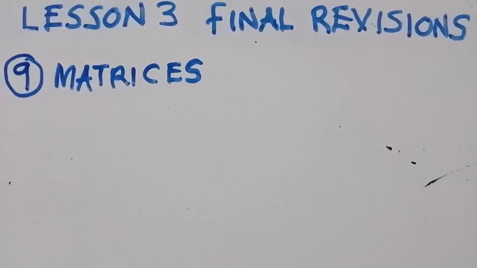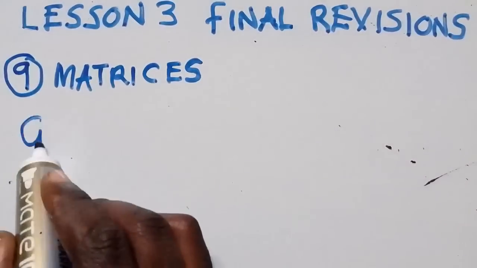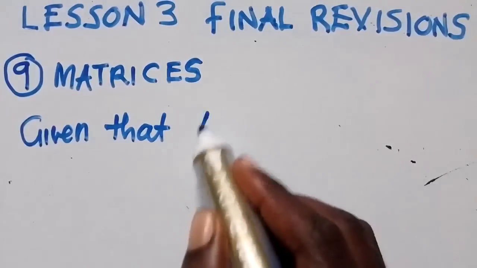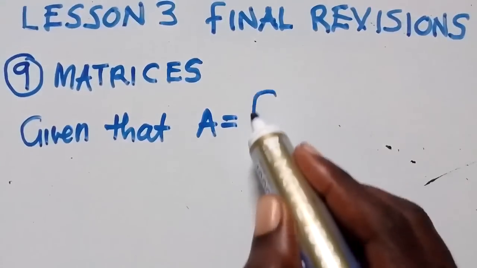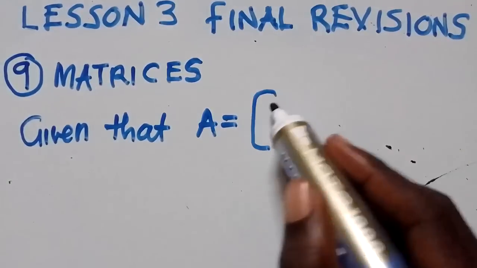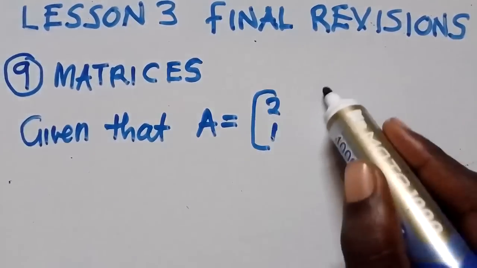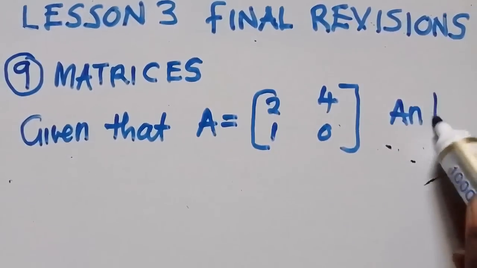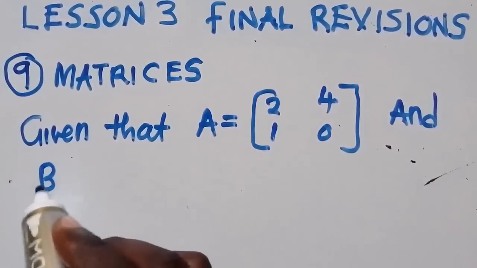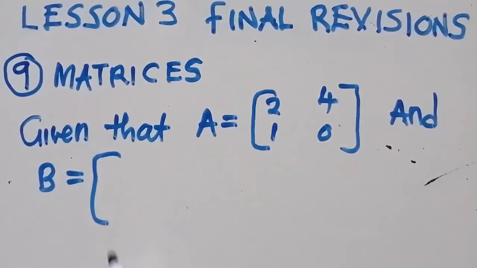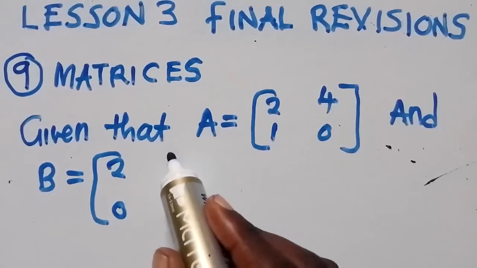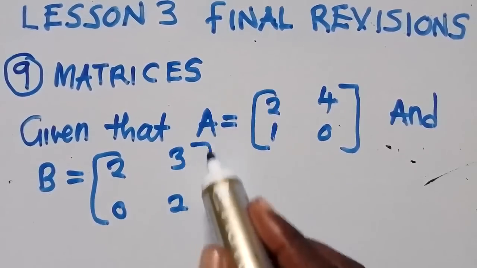The question is saying, given that A is equal to this matrix, 2, 1, 4, 0, and B is equal to 2, 0, then 3, then a 2 there. This is what you are given.